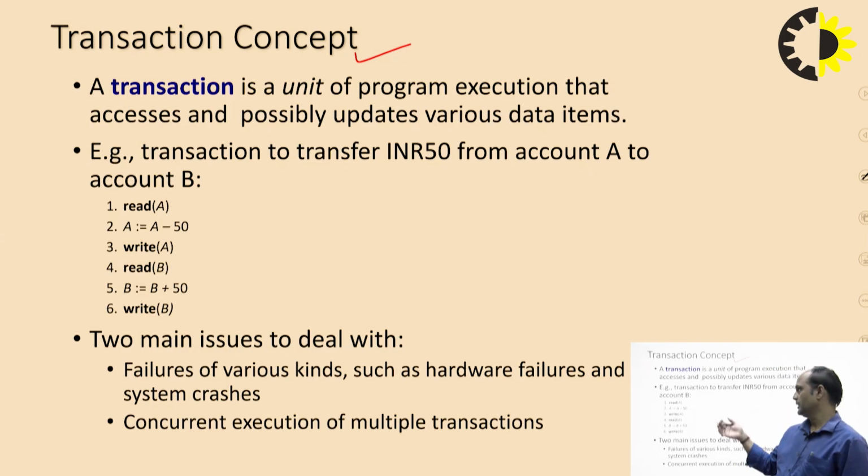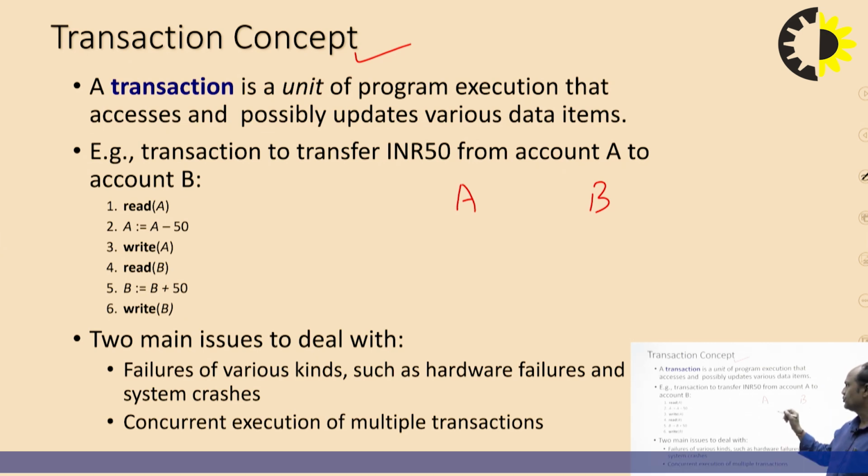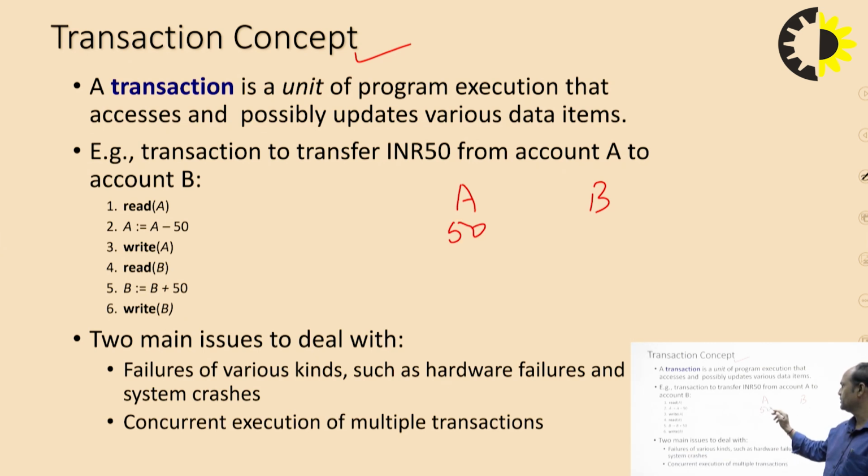Let's take an example of a transaction so we can understand what a transaction means. Suppose we have a customer who has account A, and another person who has account B. Suppose we transfer 50 rupees from A to B. This is called one transaction.